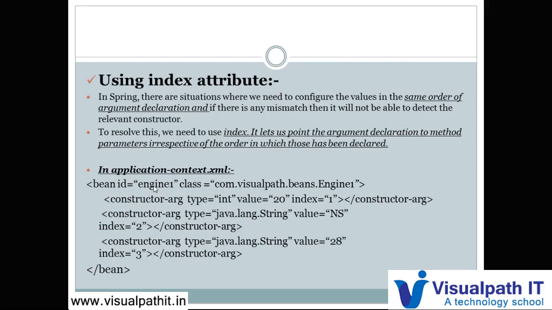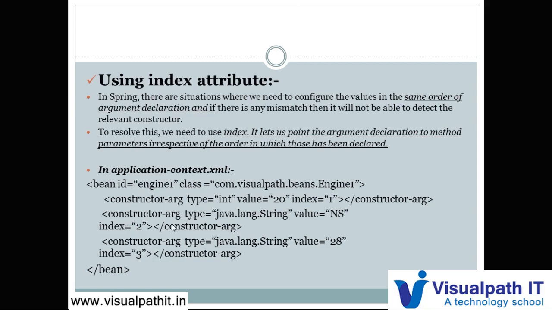Next is how to use the index attribute. In Spring there are certain scenarios where we need to configure the values in the same order as the argument declaration. If there is any mismatch in this scenario, the Spring framework will not be able to detect the relevant constructor. So we resolve this by using the index attribute.